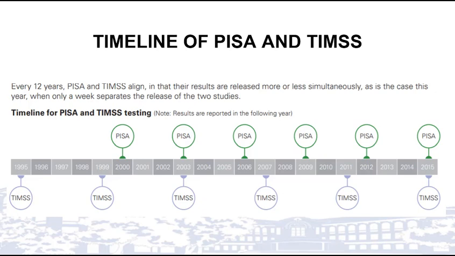In 2018, the Philippines scored 297 in math and 249 in science, according to TIMSS 2019 by the International Association for the Evaluation of Educational Achievement, or IEA.